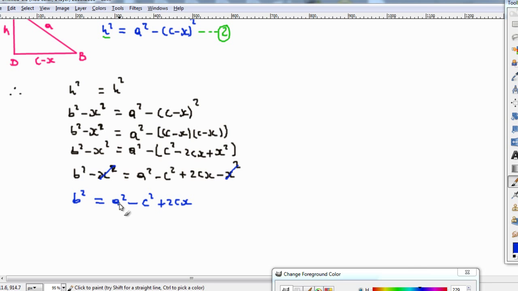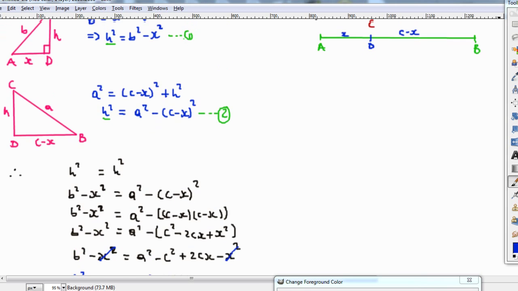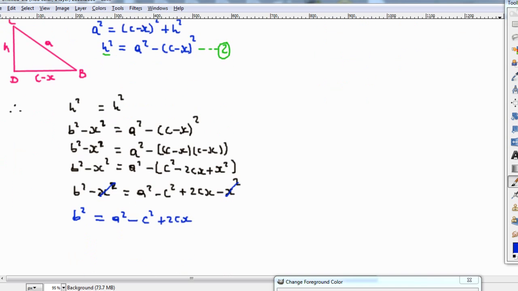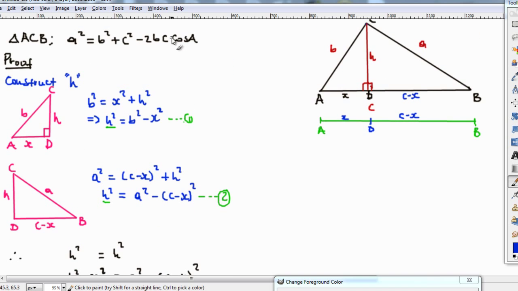Okay, so at least we have the a squared and b squared and c squared from the cosine rule here, and then later 2cx. And now we need to define this x. Now from the cosine rule, we have cos of a here.